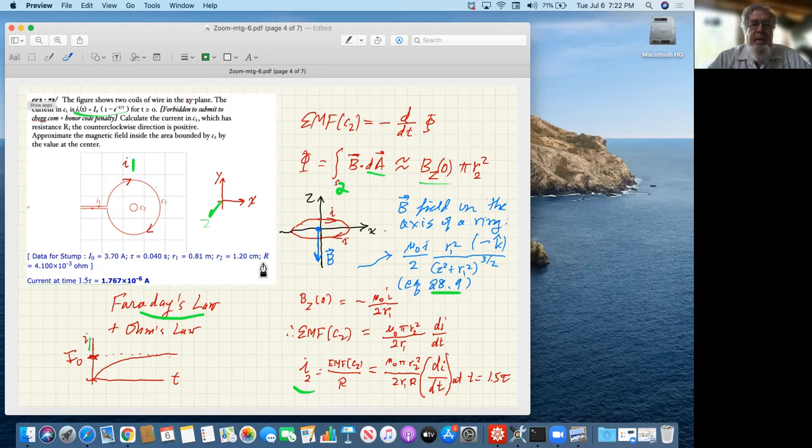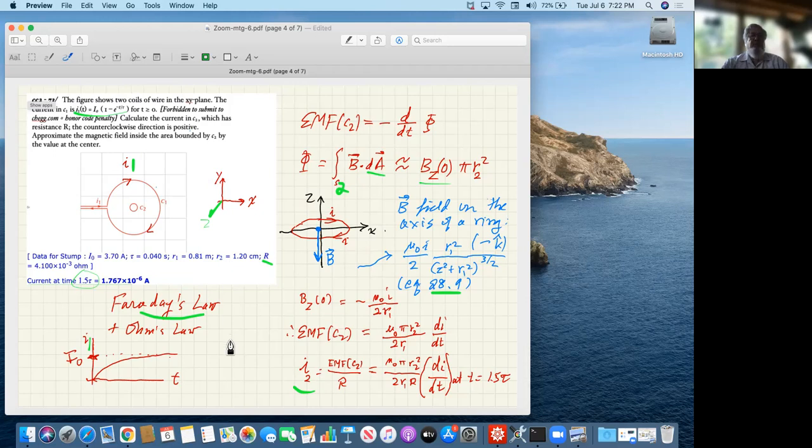So that's, again, something given in the problem. Now, again, that will depend on the time. So you have to evaluate that current at a certain time. What time? Well, it says in the problem, what's the current at 1.5 times the constant tau, which determines how fast the current is approaching the constant value.